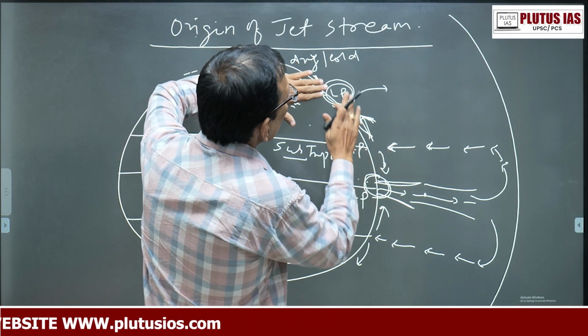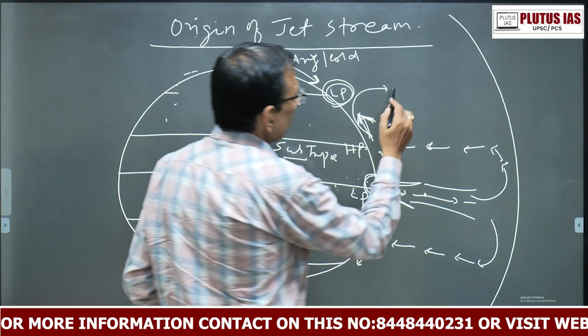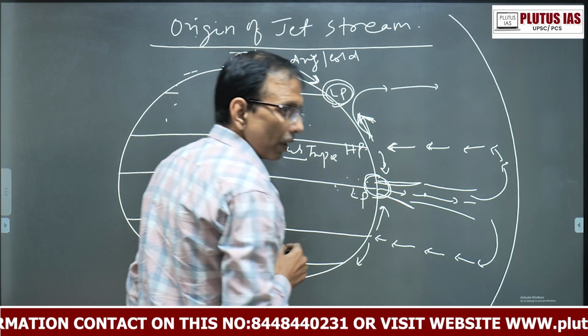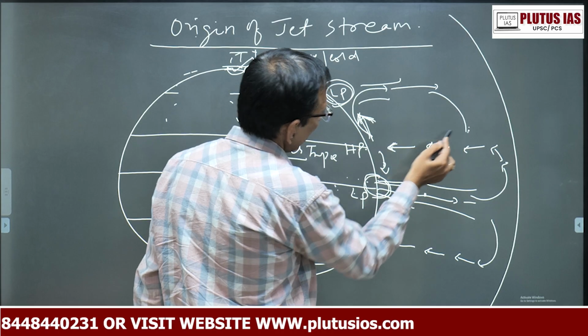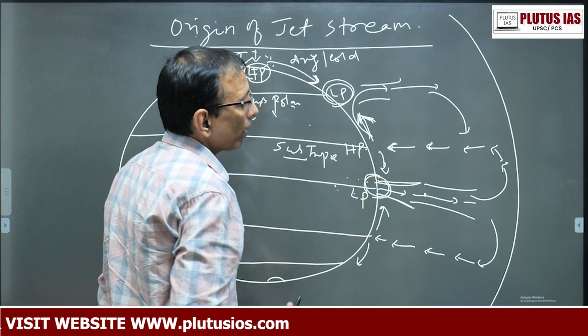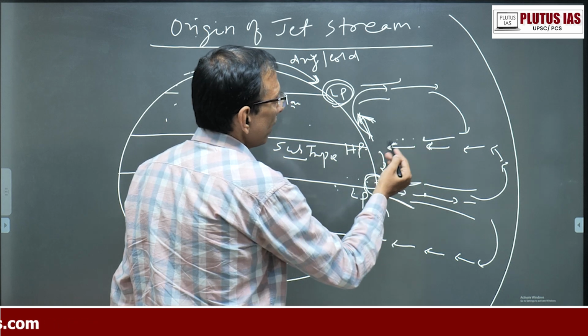When it comes upward, it reaches the upper troposphere, and again it is subdivided into two parts. One part enters the branch of the subtropic where it is again subsiding.